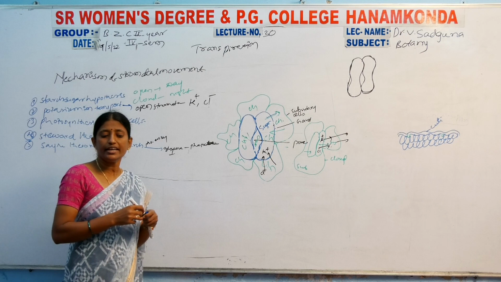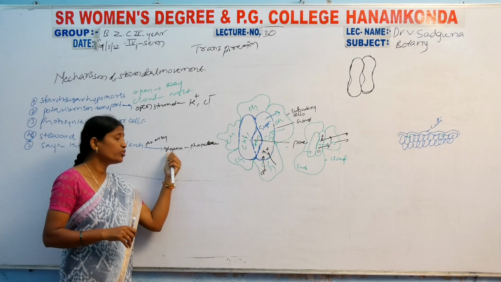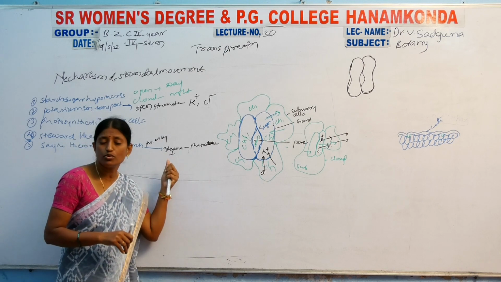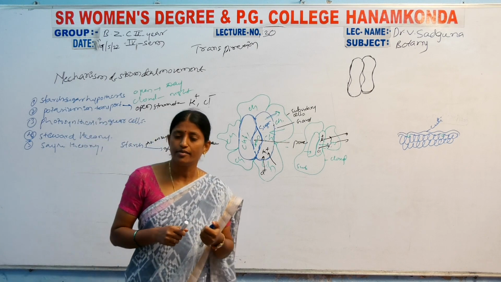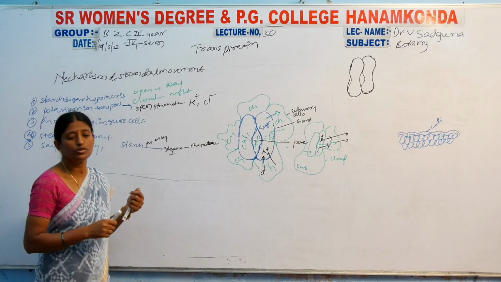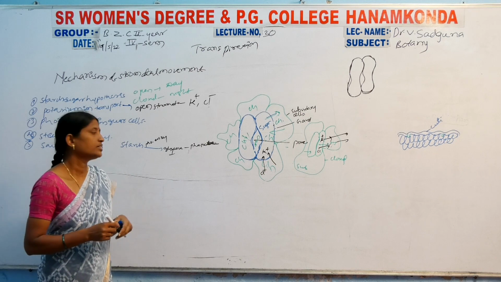Then these two molecules, glucose and phosphate, are also present with another kind of phosphatase enzyme. It is glucose to phosphate.